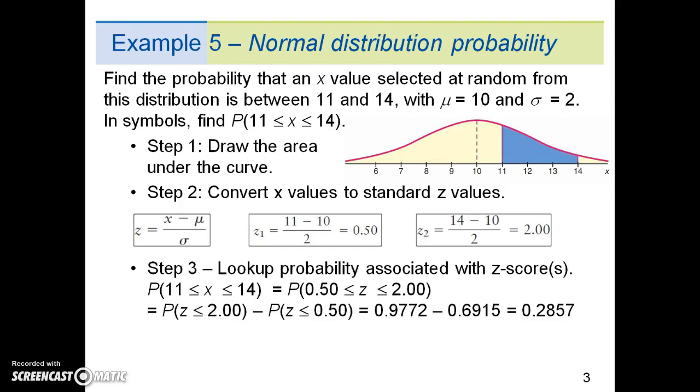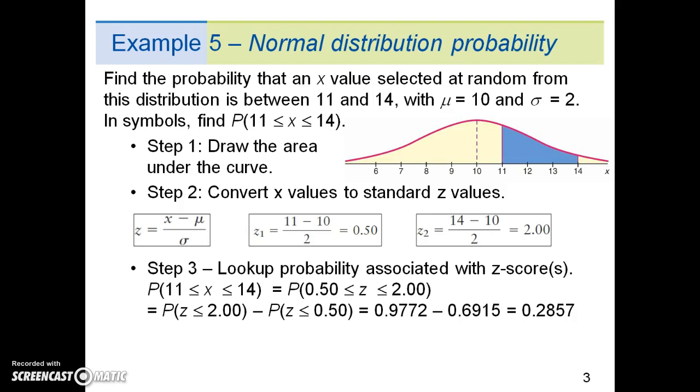Step 3 is to look up the probability associated with the z-scores. So we're looking for the probability of x between 11 and 14 equals the probability of z between 0.5 and 2.0. That's what we just calculated.